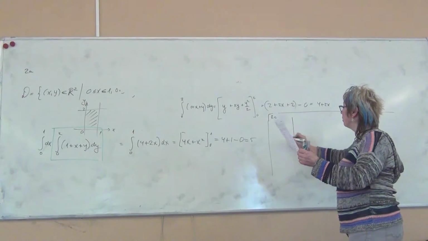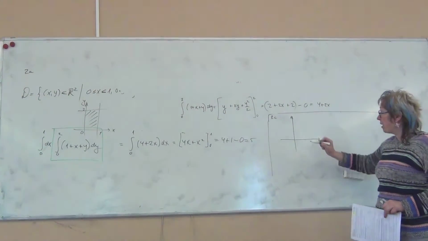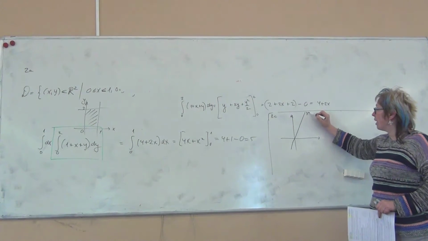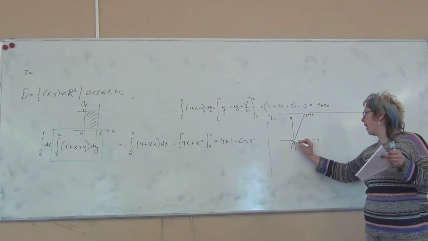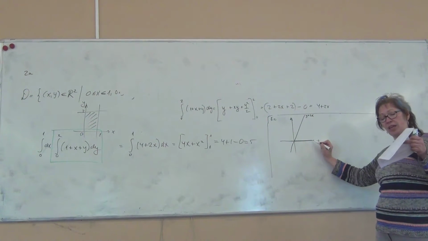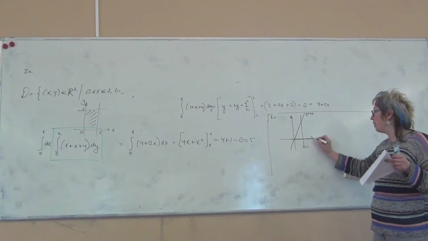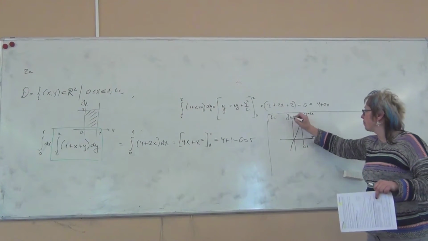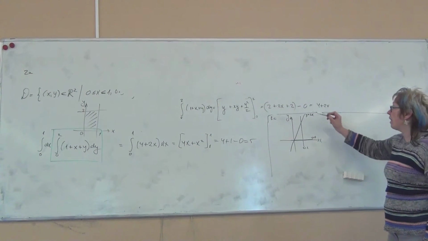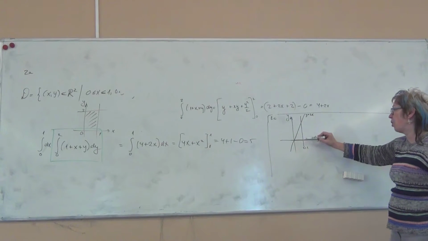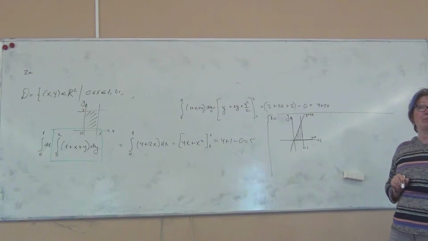Okay. Now the next region, let's start by looking at the region. It is bounded by y equals 2x, that's a straight line; y equals 0, that's the x-axis; and x equals 1, that's the vertical line. If I have the region bounded by these three lines, then the region of integration is this triangle.